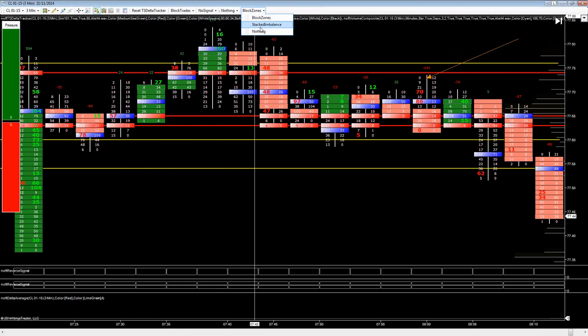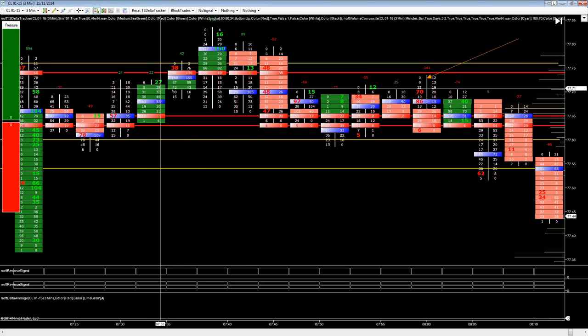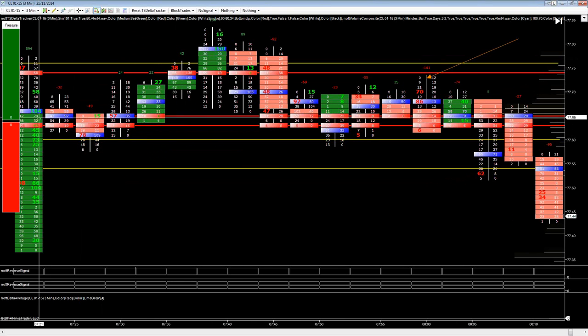I'll get everything off the chart except the block trades. I'm seeing red block sellers coming in here, here, here, okay?